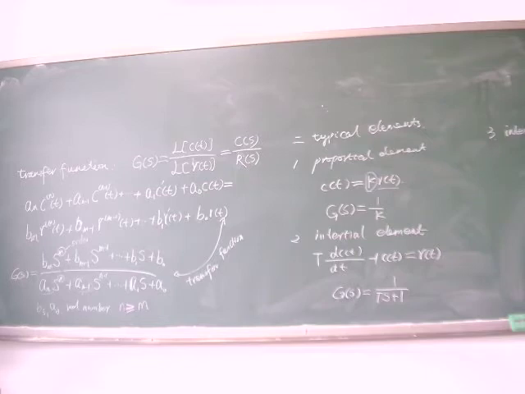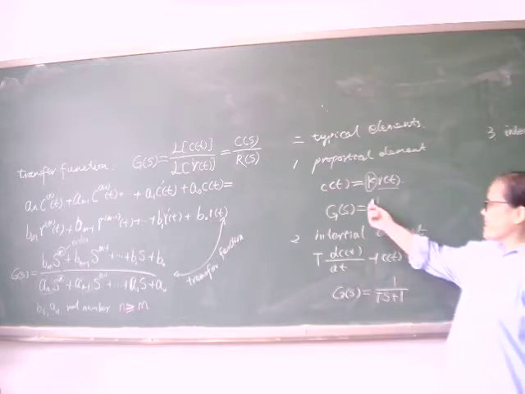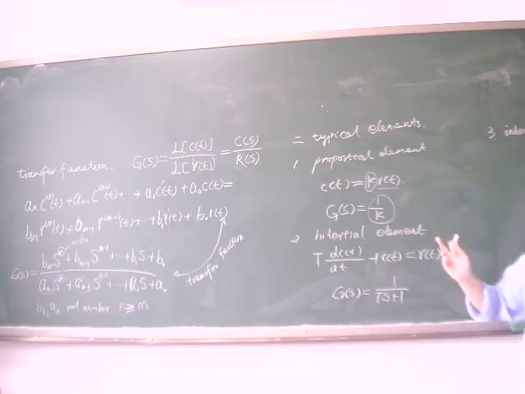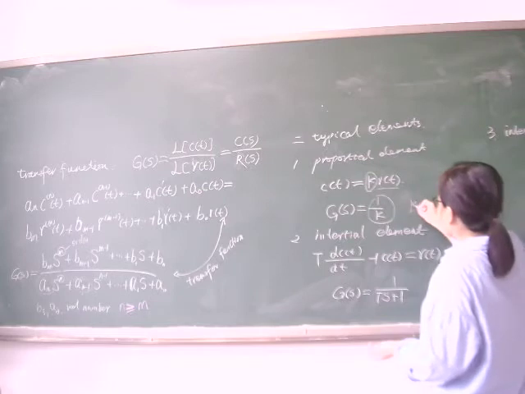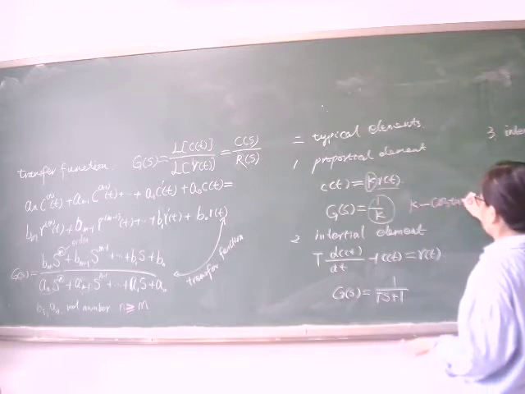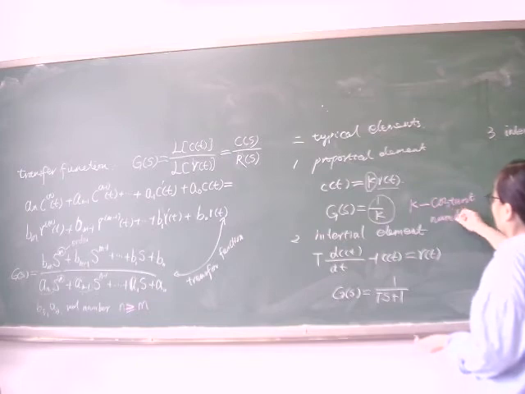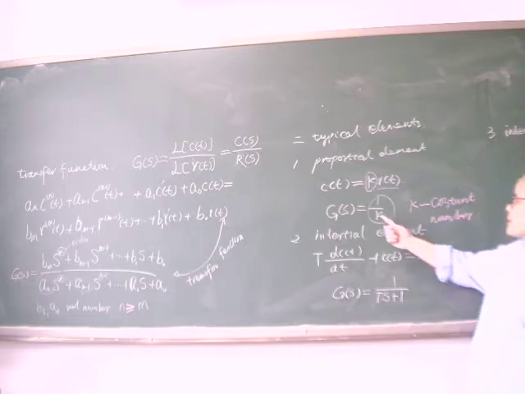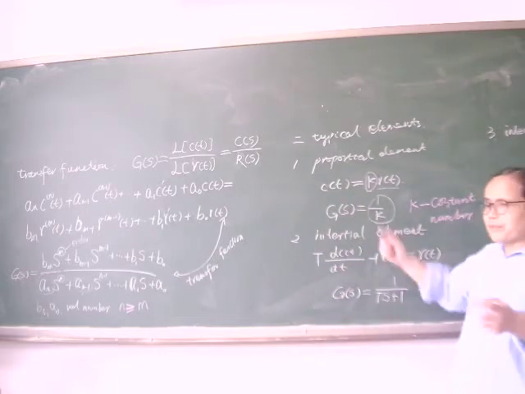We should remember here s is changed. Is it the same as the 1 by K? No. This K is a constant number, and s is not constant. This s is changed; it's a variable.